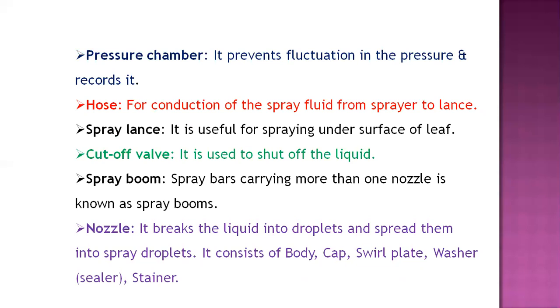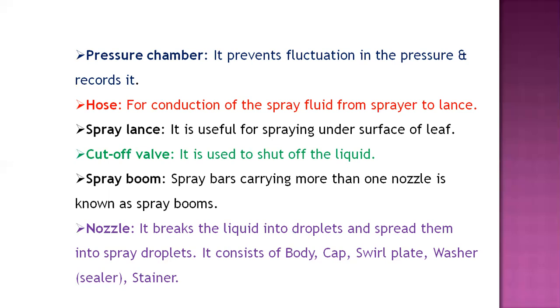The cut-off valve is used to shut off the liquid. Now the next one, the spray boom. The spray boom is used for carrying more than one nozzle, to which nozzles like solid cone, hollow cone and flat nozzles are attached. This is known as the spray boom.